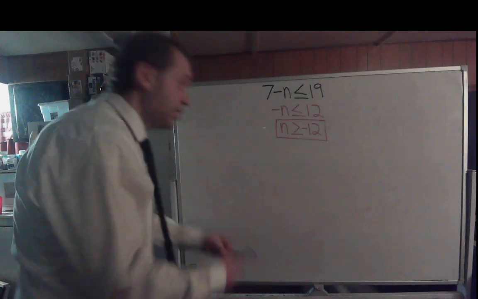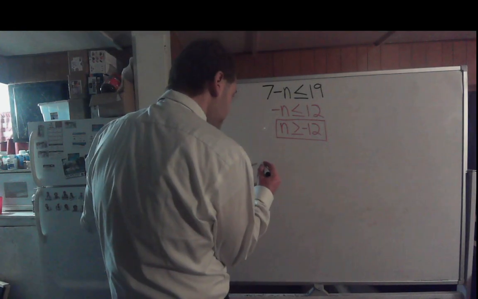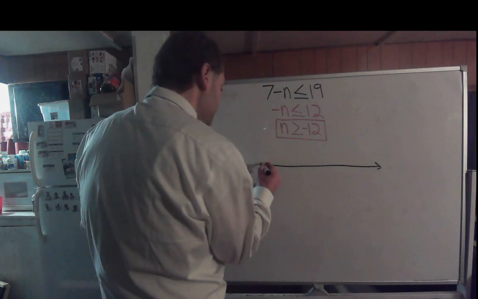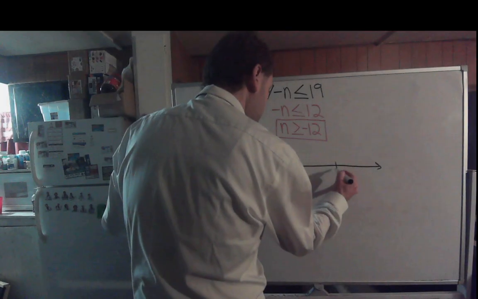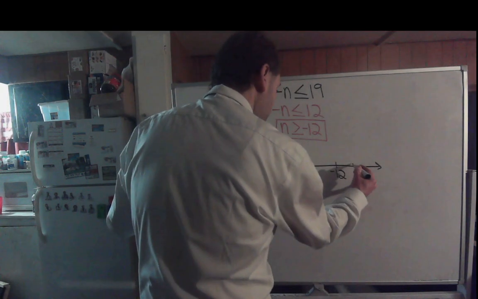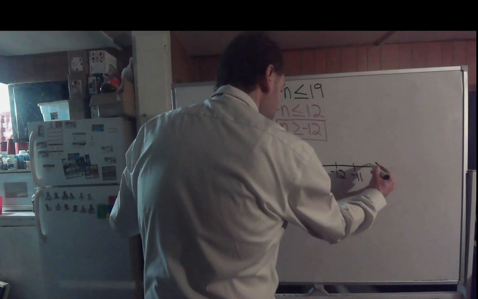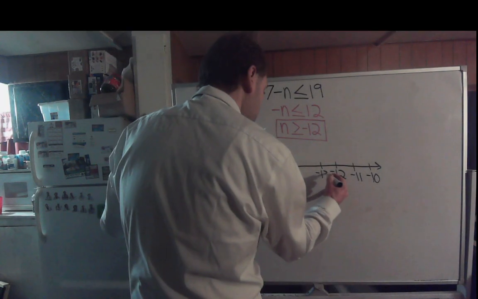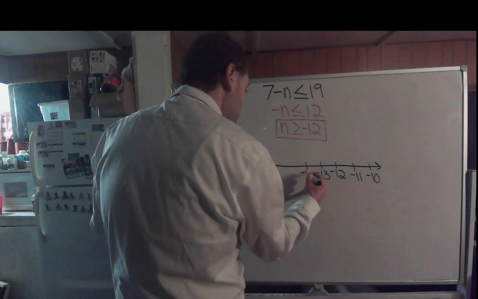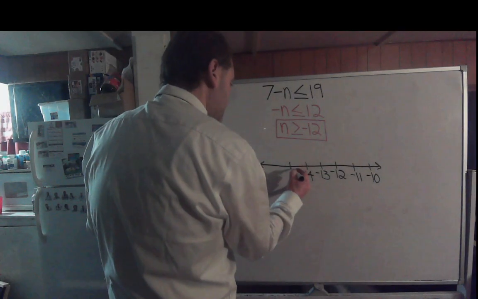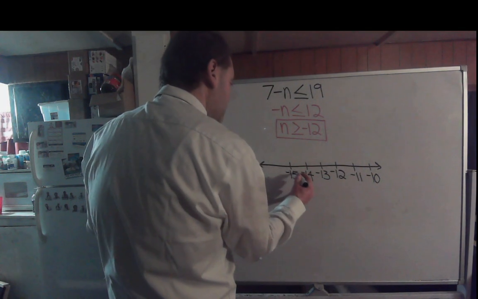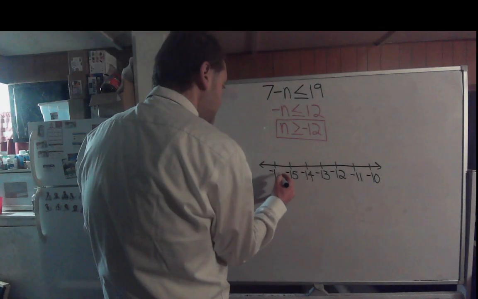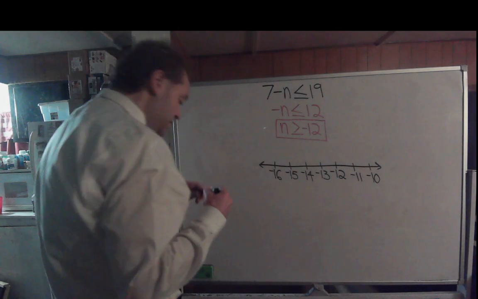And now we're going to graph this on a number line. So let's plot some sufficient points here. Because a lot of these you'll not only be asked to solve the inequality itself, you'll be asked to plot these on a number line.